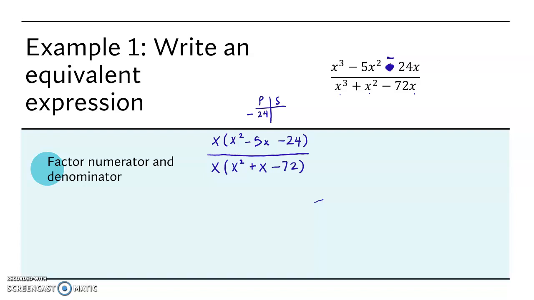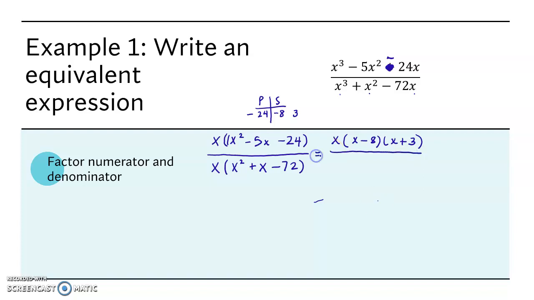I'm thinking 4 and 6, but that wouldn't add to give me a 5. So how about negative 8 and 3? So then I'm going to factor this, so it would be x times x minus 8 times x plus 3. I can do that factoring because I noticed that there's a 1 in front of the x squared, so I don't have to do the whole x box method.